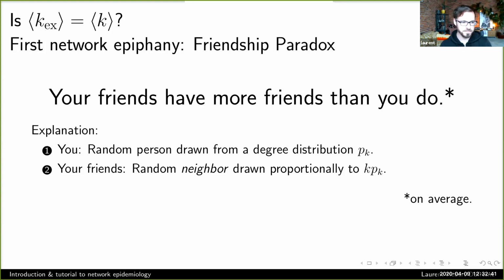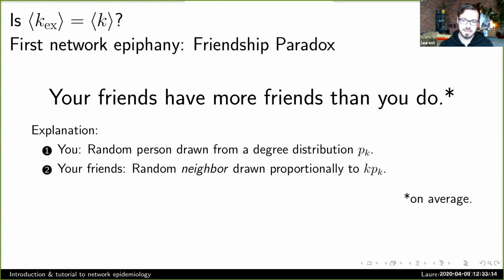And why is that? Well, imagine that you know the actual degree distribution, the number of friends per person in a population. Well, you're just a random person that's drawn from that distribution, which we're going to call PK throughout the seminar. Your friends, though, they're random neighbors. They're not random friends. So they're drawn proportionally to how many friends they have. Which means that they're not drawn from PK, they're drawn from K times PK, because someone with 10 friends is 10 times more likely to be your friend than someone drawn at random.